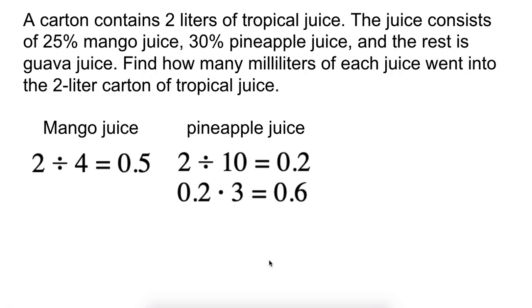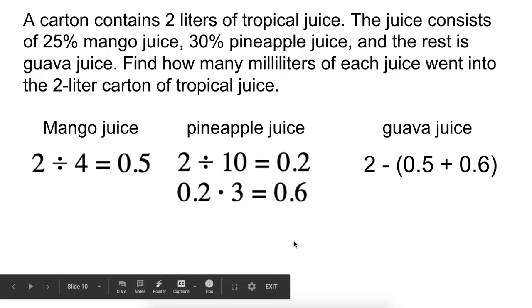So now we know our mango juice and our pineapple juice. Now we could figure out what percentage it is. We could add the 25 and the 30 together and figure out that we have 55 and that 45% of the juice is guava juice, and figure out what 45% of 2 is. But we could also just realize that these are percents, always a part to whole relationship.